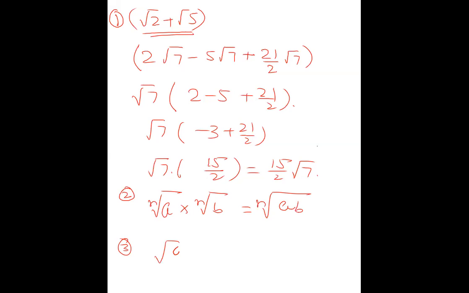Third, under root a by b to the power n, again you are getting the same thing, right? So multiplication, division, anywhere you have to apply these operations, right? Note down please, then we'll go further.